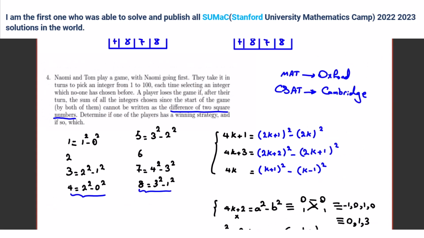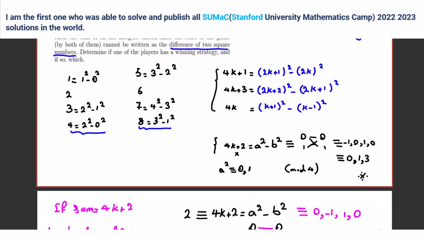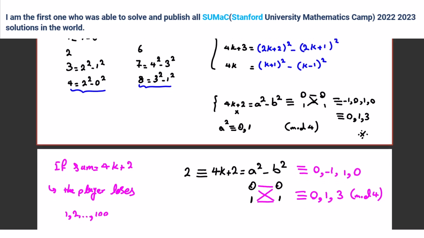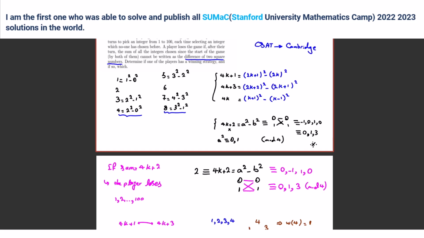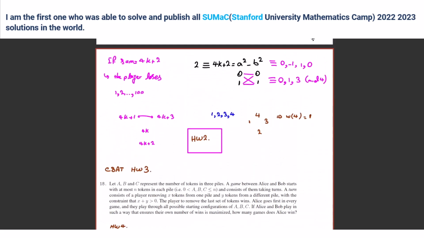So we said we can't write it if it is 2 mod 4, right? So if someone makes the sum 4k plus 2, he will lose, right? Okay, and then we want to see who can win.